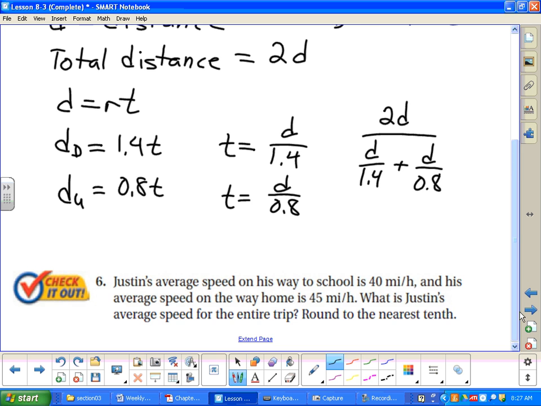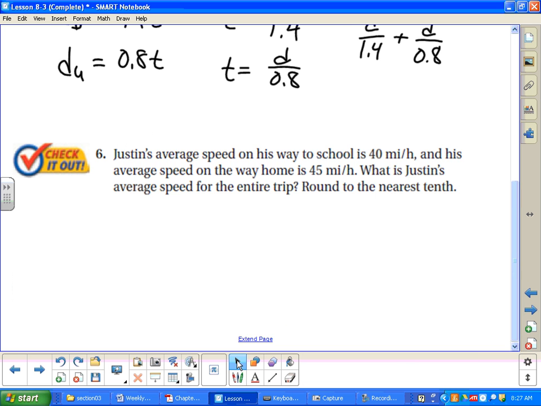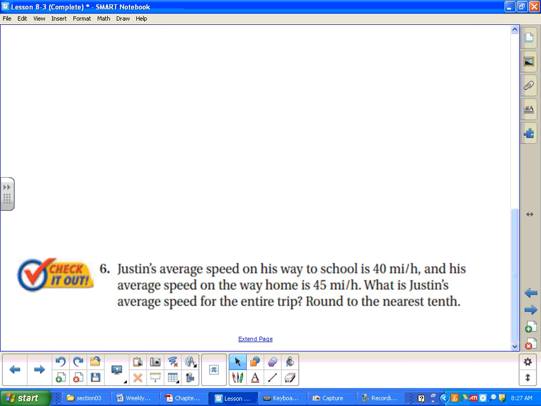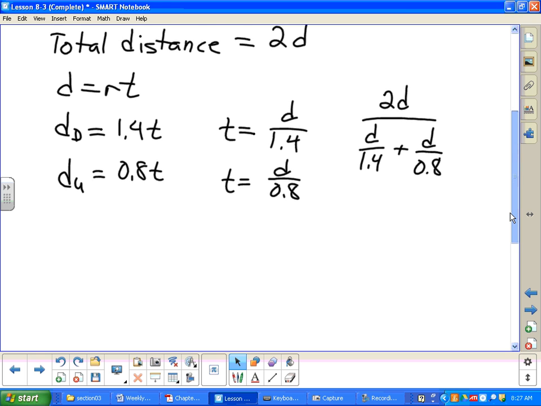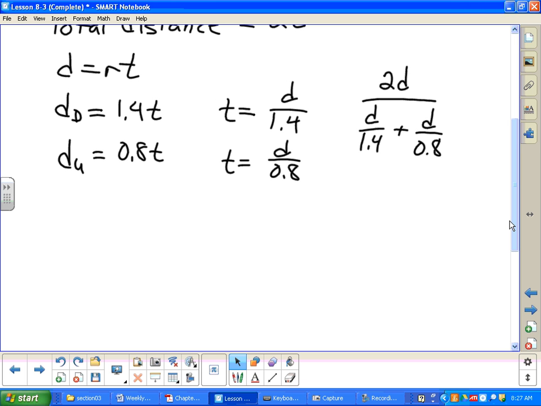Okay, I'm going to need more space. All right, so this is their average speed here.